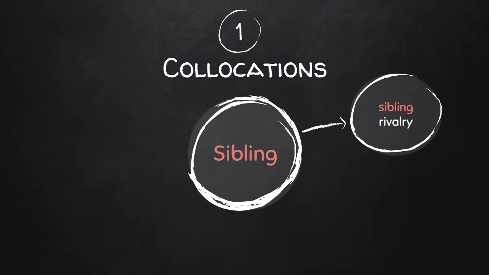What does sibling rivalry mean? Well, when you have a brother or sister that like to compete with each other in lots of different things, maybe in sports, maybe in eating food at the dinner table, maybe in business, or just something in life, when they always like to compete with each other, then it's a sibling rivalry. Got it? Great. Let's continue.